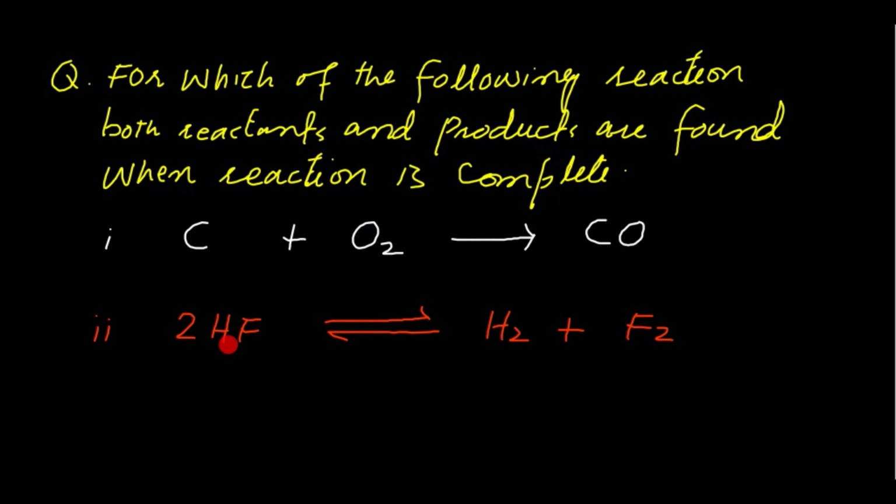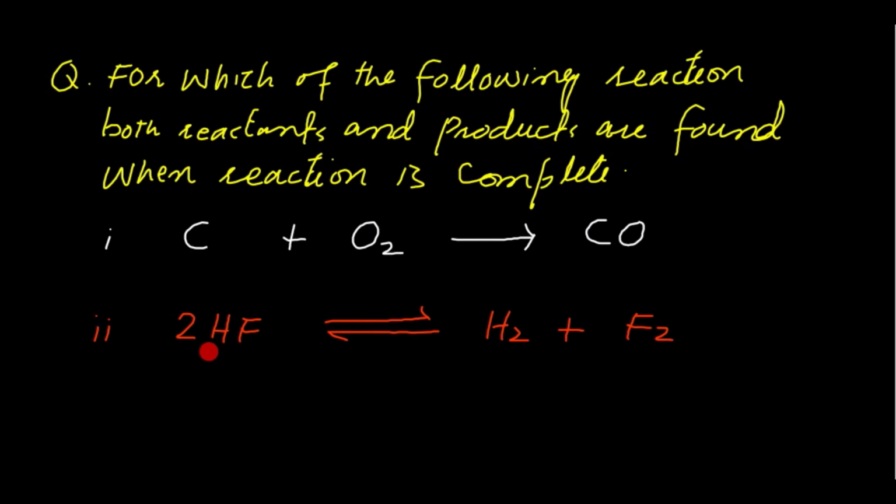It is the decomposition of hydrogen fluoride into hydrogen and fluorine. This reaction is shown with the help of double arrows, which shows that this reaction is a reversible reaction. That means decomposition of hydrogen fluoride is a reversible reaction, and we know very well a reversible reaction never goes to completion, and a mixture of reactant and products is formed because there is a dynamic equilibrium between the concentrations of reactants and the products.